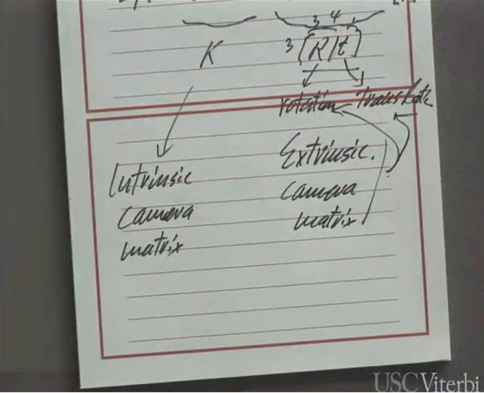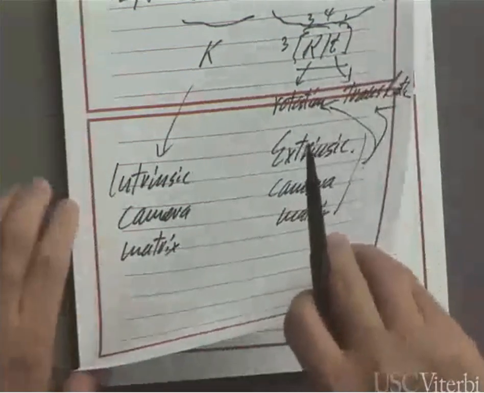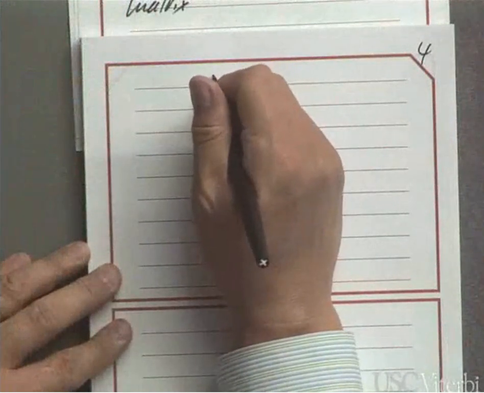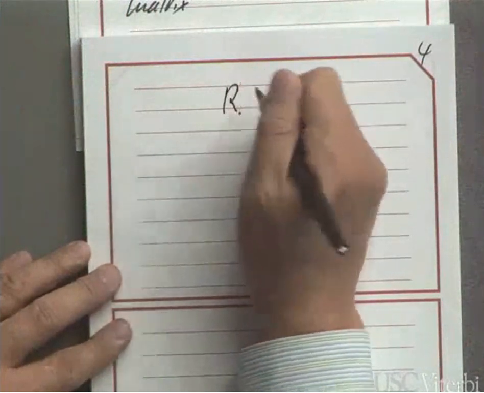How about this one? It depends on how you think about the angle. When we have a matrix, you can have two ways to look at it. Suppose we look at a rotation matrix. It's 3 by 3.